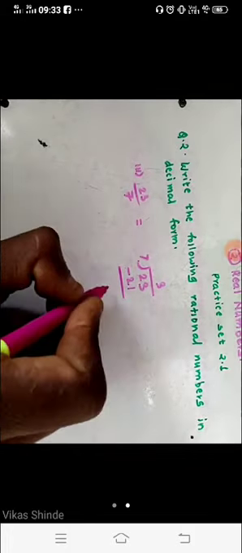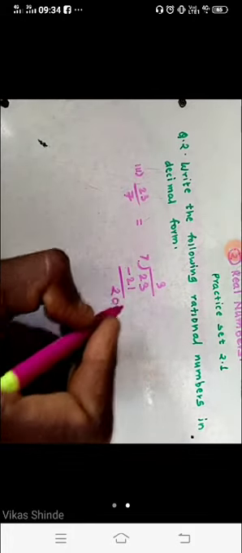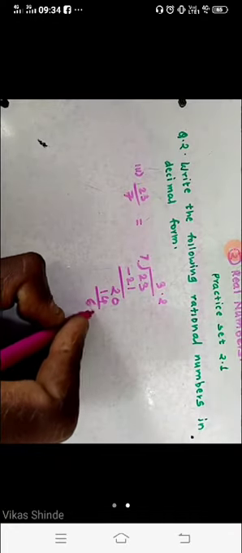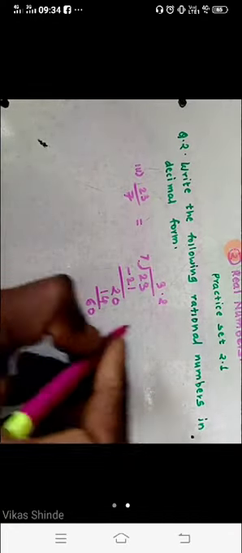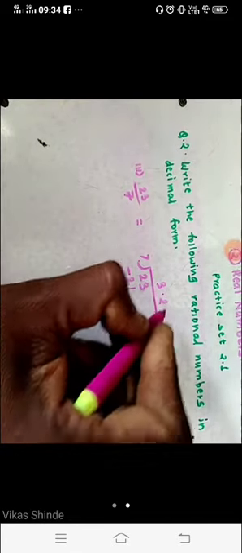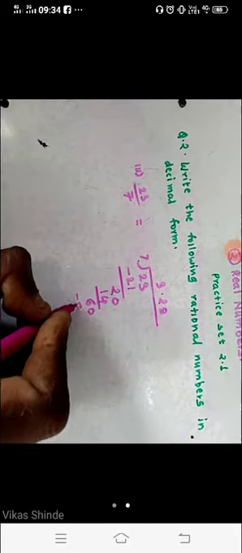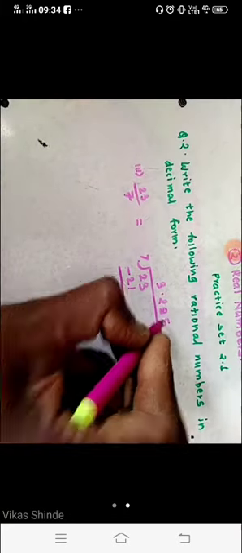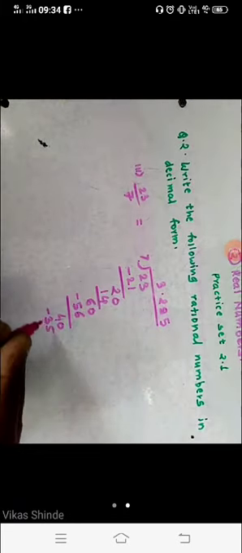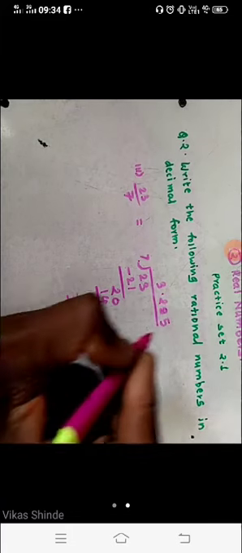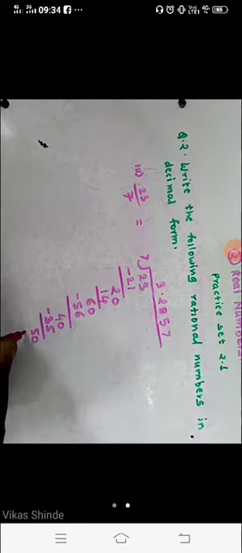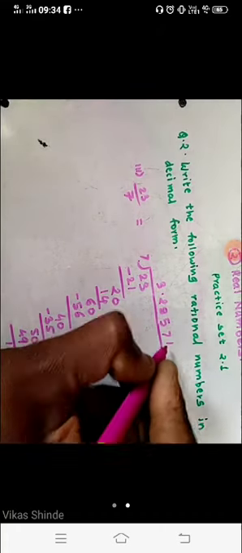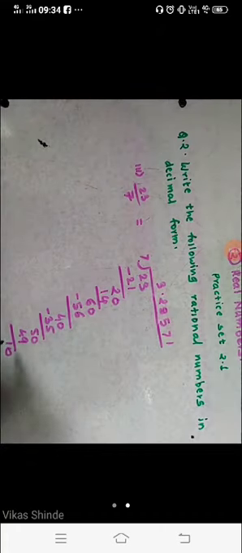If you subtract, 2 is left, then take 0, give the decimal. 7 twos are 14. 6 is left now, take another 0. 7 eights are 56. Then 4 is left, 40. 7 fives are 35. Now 5 is left, 50. 7 sevens are 49, student. 1 is left, then 10 now. 7 ones are 7.